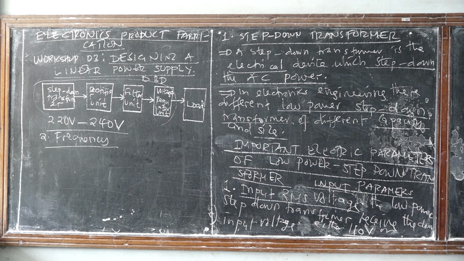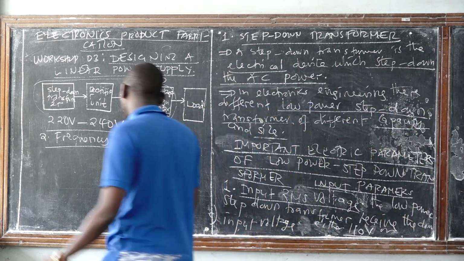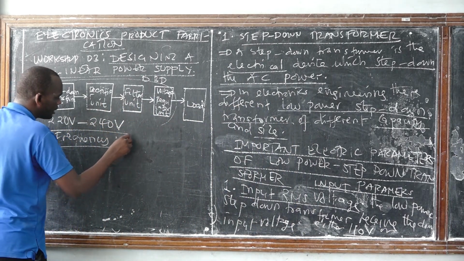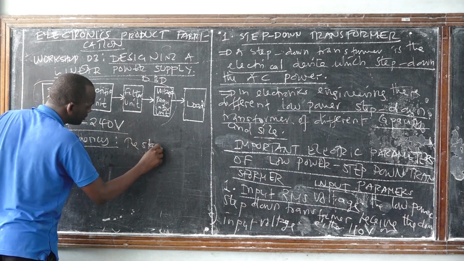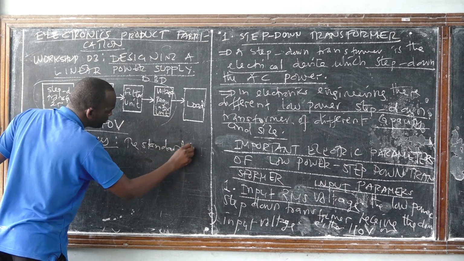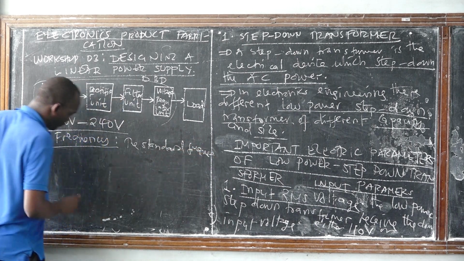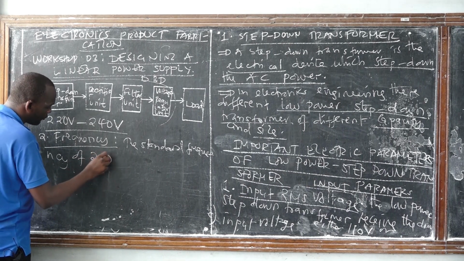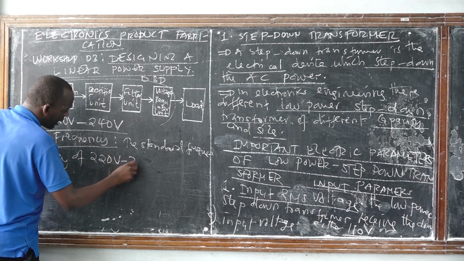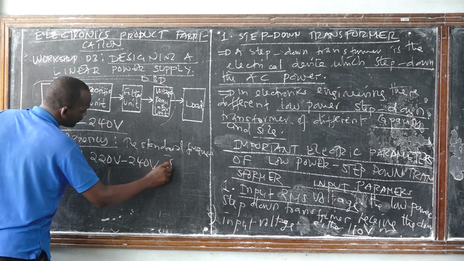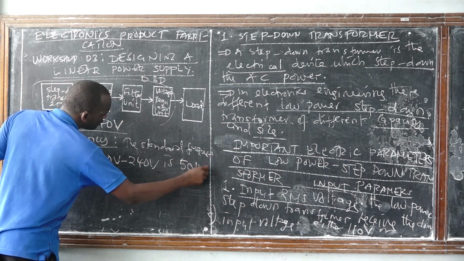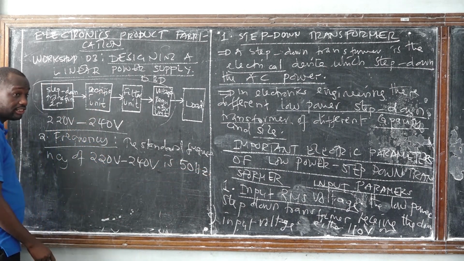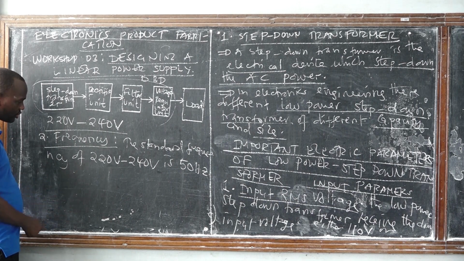Are we together? So we say that the standard frequency of 220 volt to 240 volt is 50 hertz. Frequency is measured in hertz.